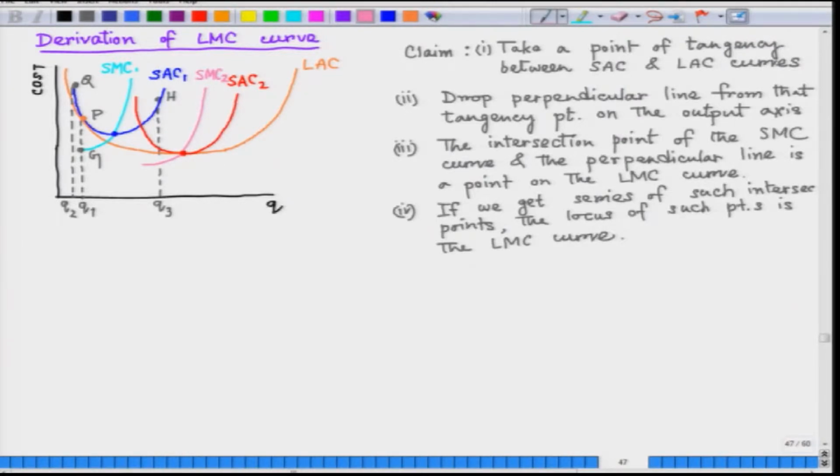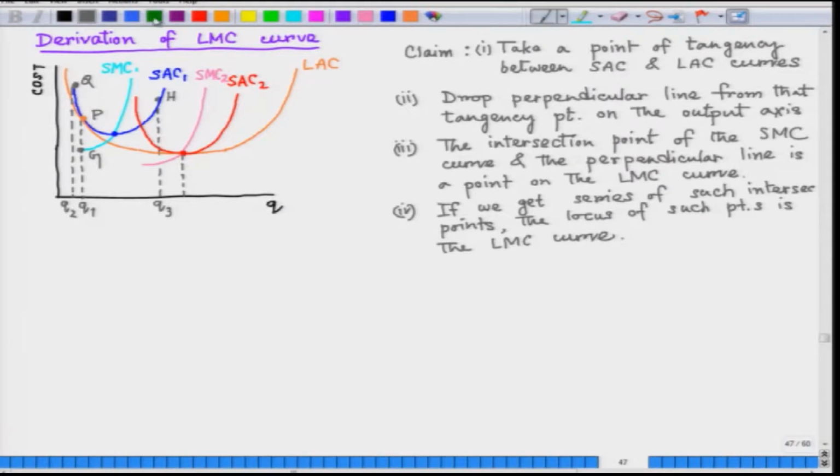Okay. So now in this case, of course, you can see that there will be no intersection if I draw a perpendicular line from this point of tangency between the short run average cost and the long run average cost curve, right. So this minimum point is another candidate point for the long run marginal cost curve.